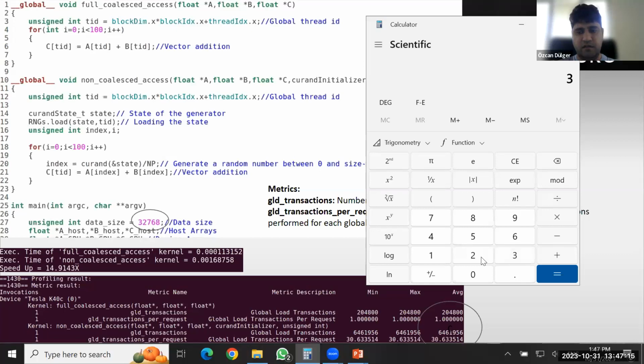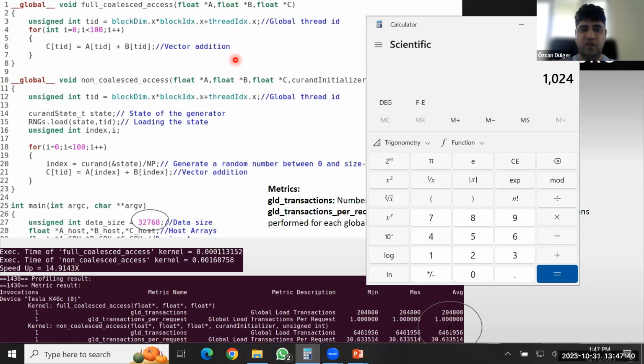I shouldn't consider the number of threads, just consider the warp. We have 1024 warps, and for each warp, not thread, this for loop takes 200 transactions because this is fully coalesced access.